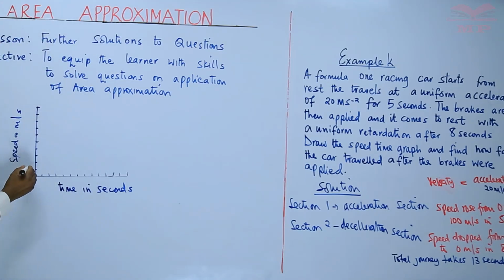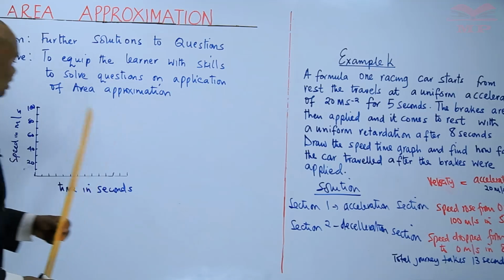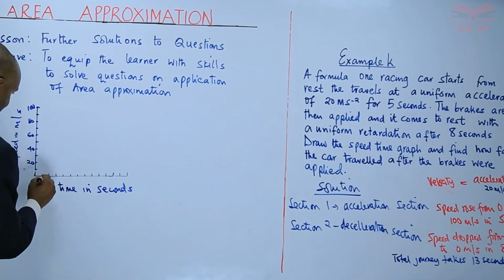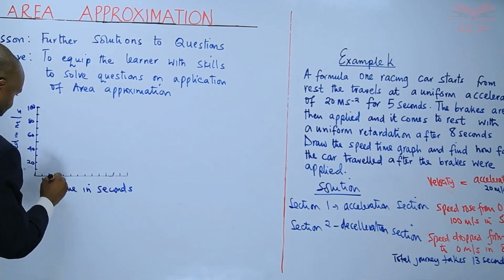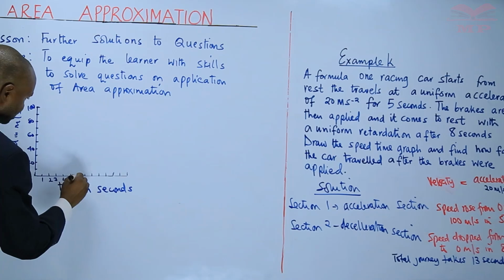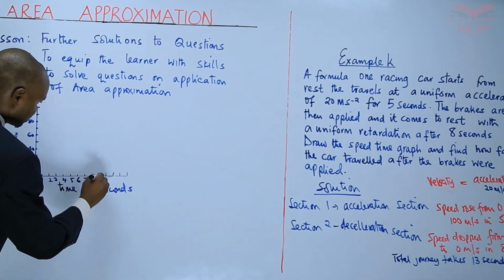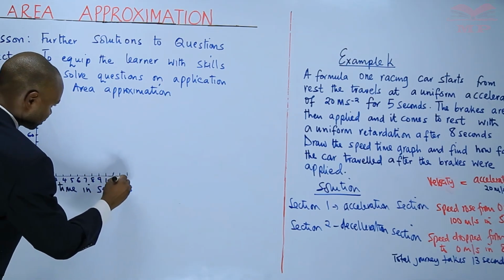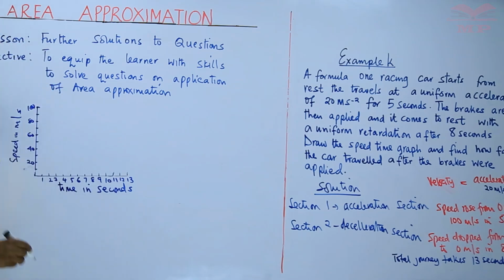So I have 10, 20, 40, 60, 80, 100. I'll use this information to plot that in the first 5 seconds: 1, 2, 3, 4, 5, 6, 7, 8, 9, 10, 11, 12, 13.